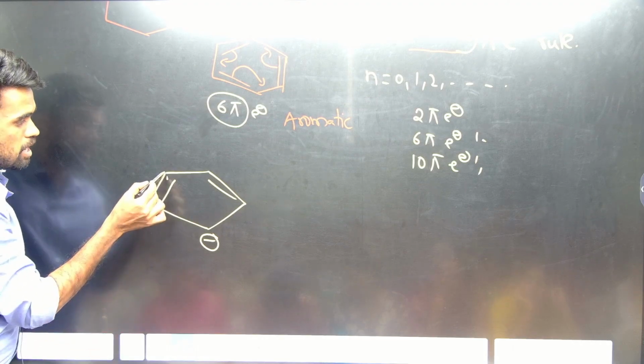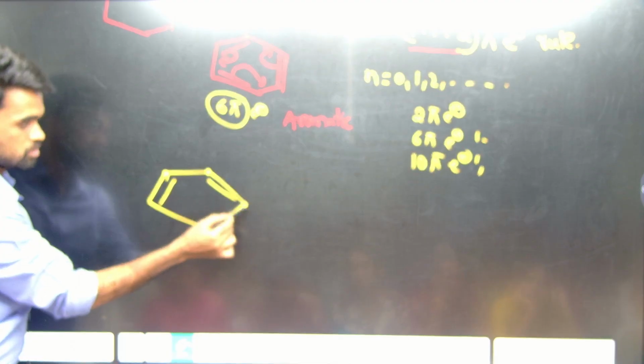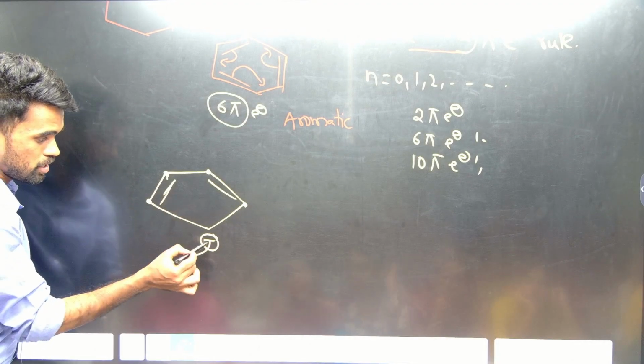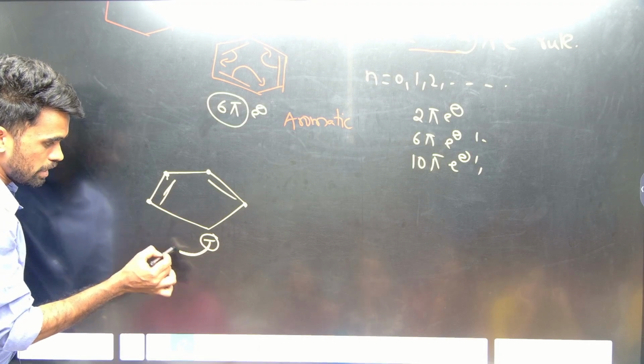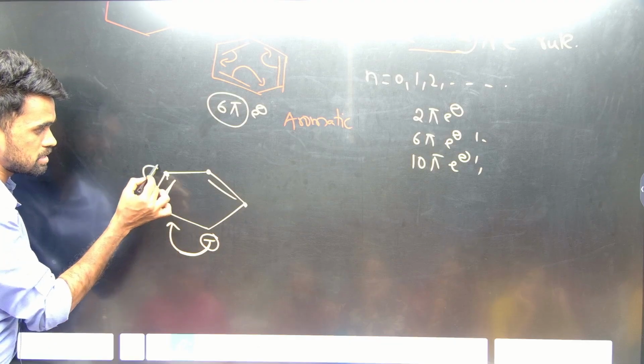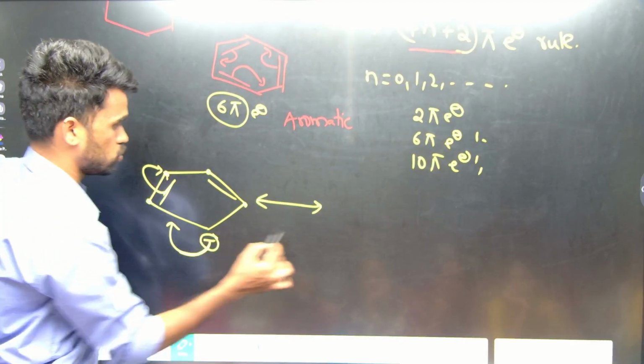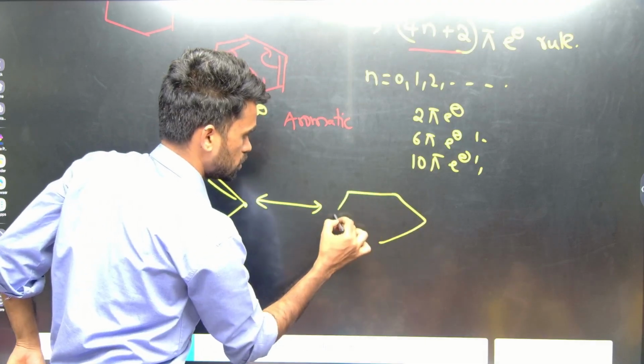Planarity. What is this carbon? See now, this carbon: pi bond, sigma bond, negative charge, a lone pair. So are they in conjugation or not? If it is conjugation, what happens to this negative charge? It becomes a bond now.